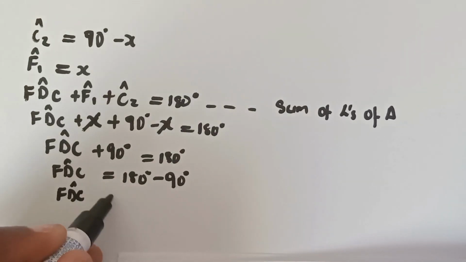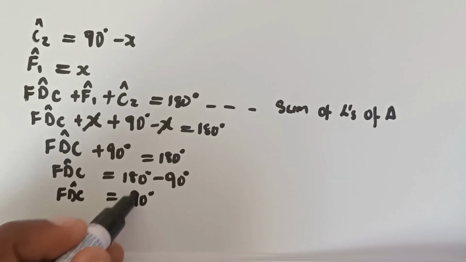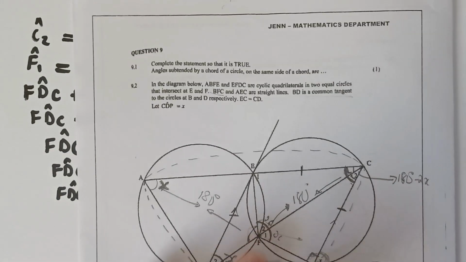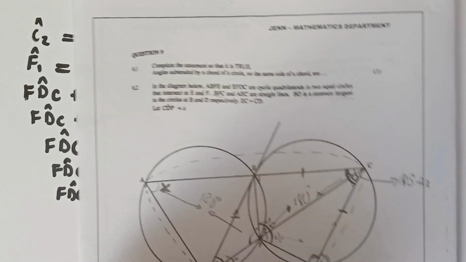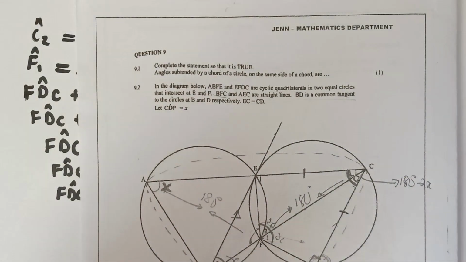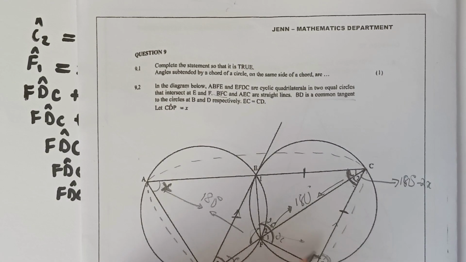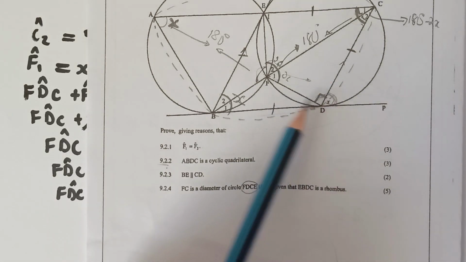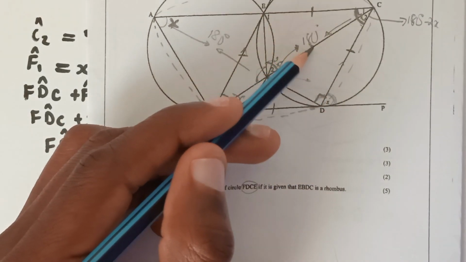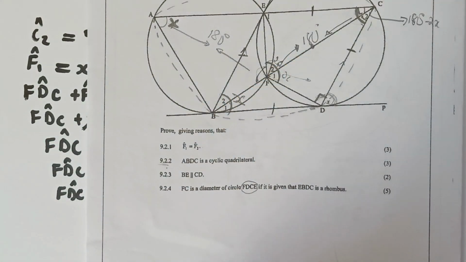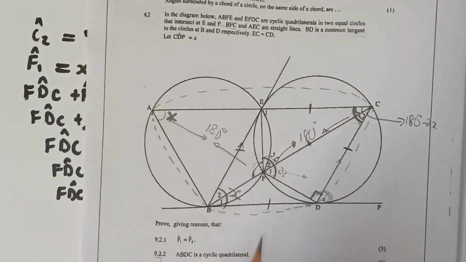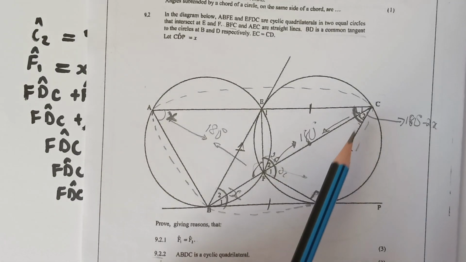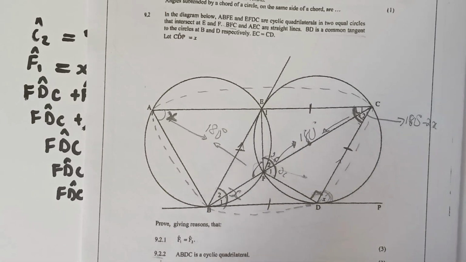Angle FDC is equal to 90 degrees. Then we got that angle FDC is equal to 90 degrees. That is why at that time I wrote this one, because if it's a diameter, it means that there should be a center there, and then angles in same segment.